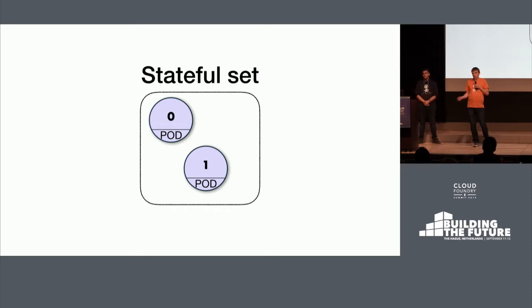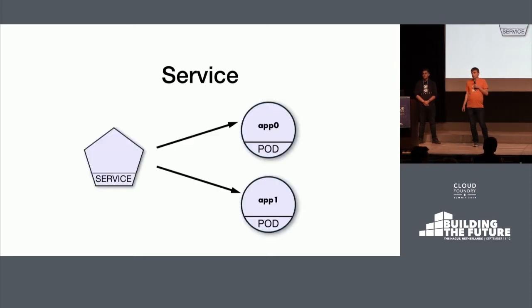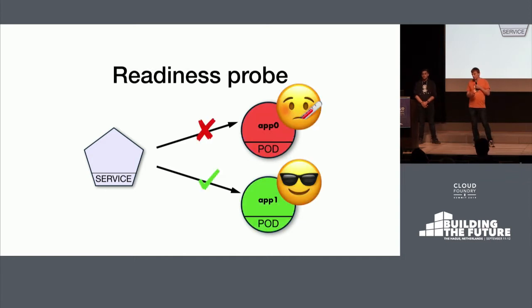And as I said, pods are ephemeral, they die all the time. So in order to have the same address, Kubernetes provides a primitive called a Service, which has the same IP address all the time, and when a pod dies and a new one is created, it connects to the new pod. It's done by Kubernetes magic.